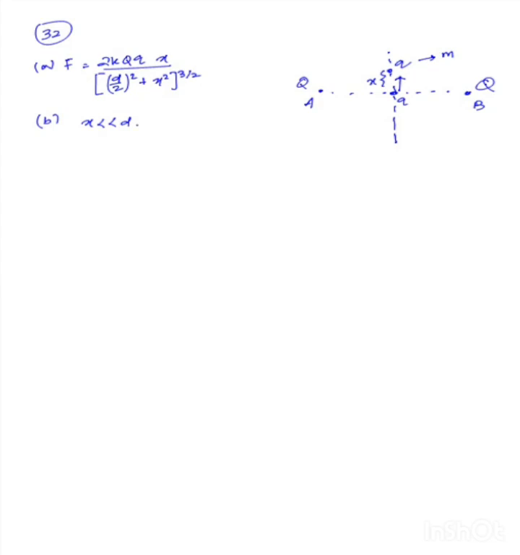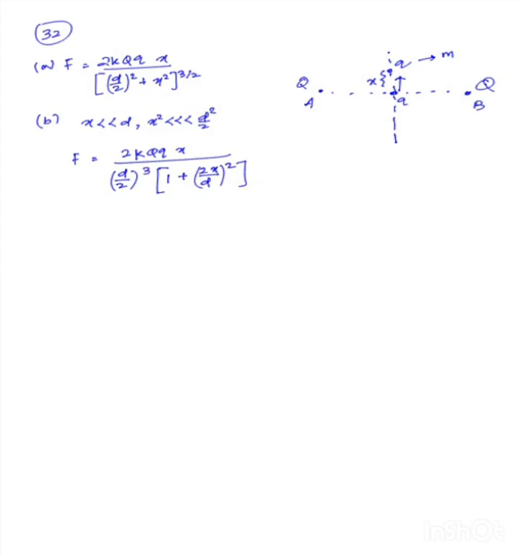If x is much less than d, obviously x squared is going to be much less than d squared, or d over 2, it doesn't really matter. So now F in that case can be rewritten like this: we keep the x over there, but in the denominator we take d over 2 out, which means we have the cube term now with the power acting on it, and inside we get 1 plus (2x over d) squared.